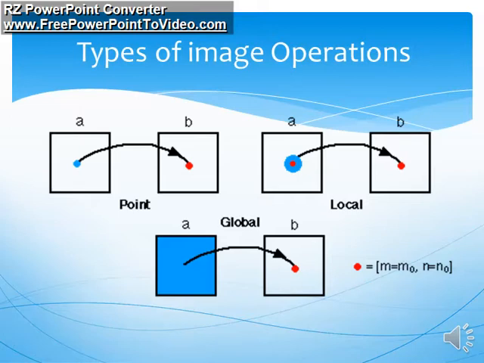If we compare pixel to pixel between these two sets, it is known as point processing, that means point to point processing. Local processing means pixels of a local area are compared with other pixels. And if any pixel of the entire image is compared with another set of pixels, that is known as global operations.